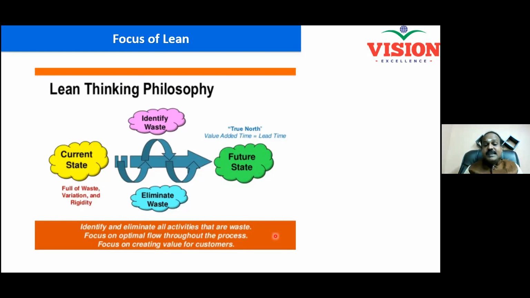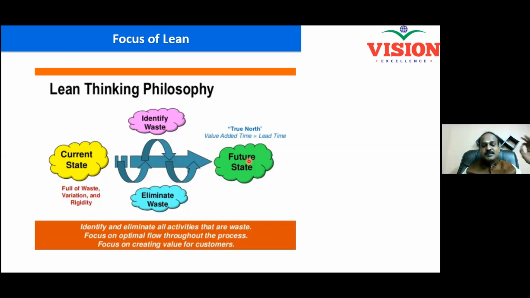Same way, lean will prepare you for a perfect implementation of Six Sigma. If you are not staying focused, even if you attend the training program, your learning will be zero. Am I right? You are there in the meeting, but your learning will be zero. That is what can happen if you don't eliminate the waste.